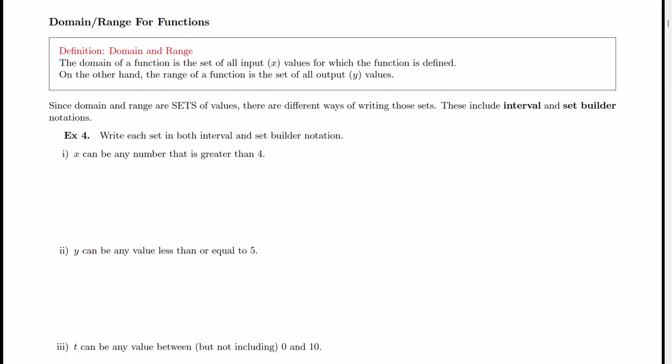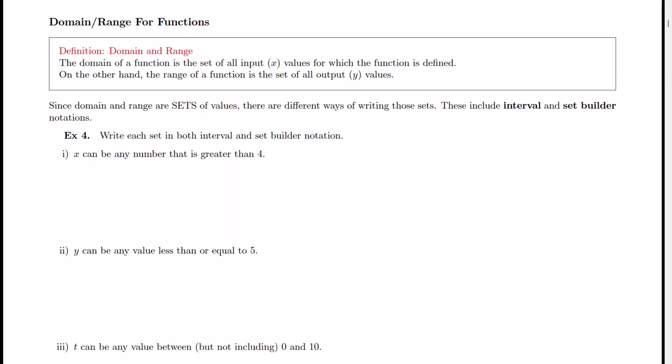The last thing we'll talk about in this section is the definition of the words domain and range for functions. The definition is straightforward. For a function, the domain is the set of all the input values for which the function is defined. In other terms, it's all the numbers that you can plug into the function in order to receive a real number as an answer.